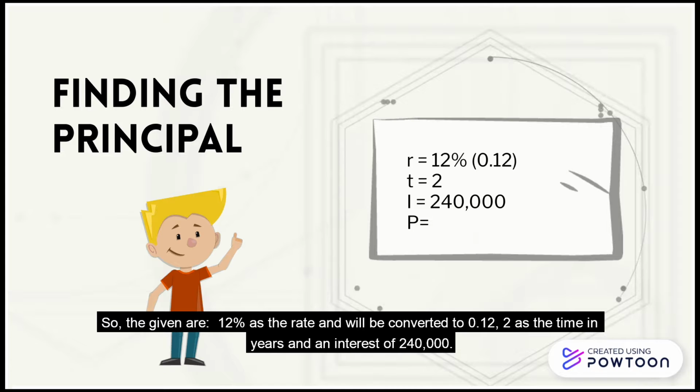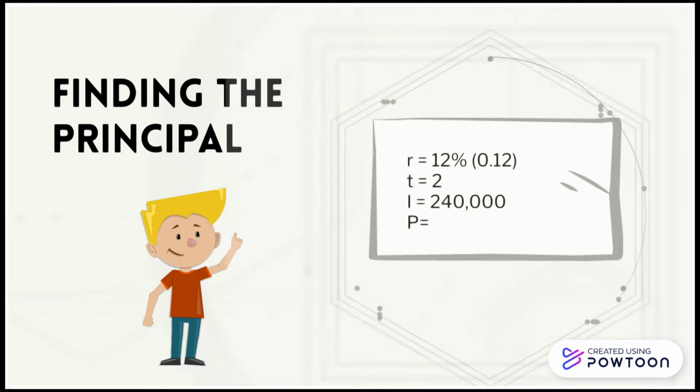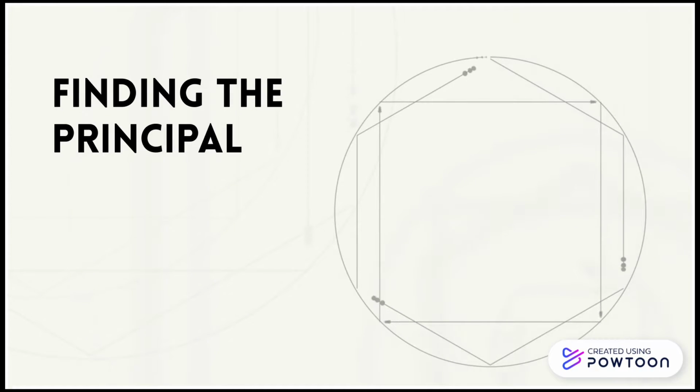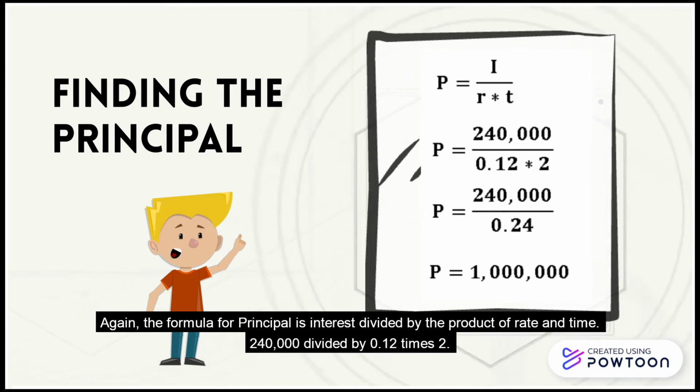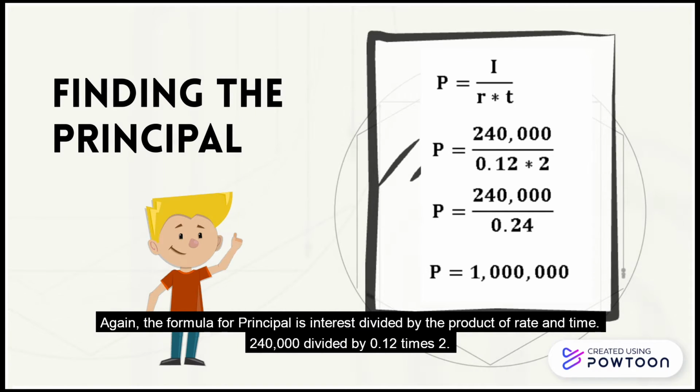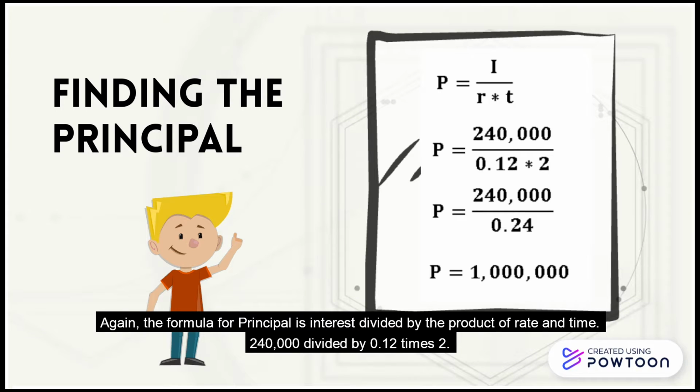So, the givens are 12% as the rate, which will be converted to 0.12, 2 as the time in years, and an interest of 240,000. Again, the formula for principal is interest divided by the product of rate and time. 240,000 divided by 0.12 times 2.